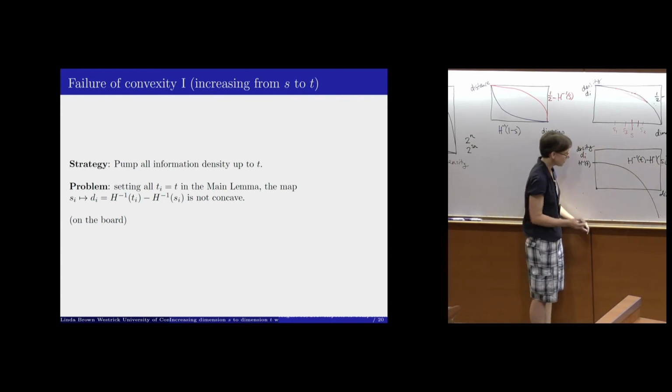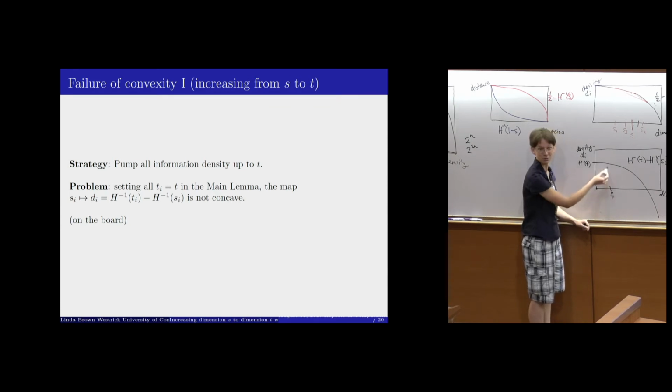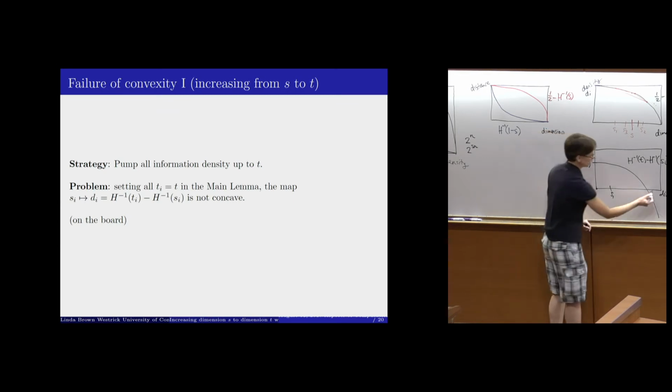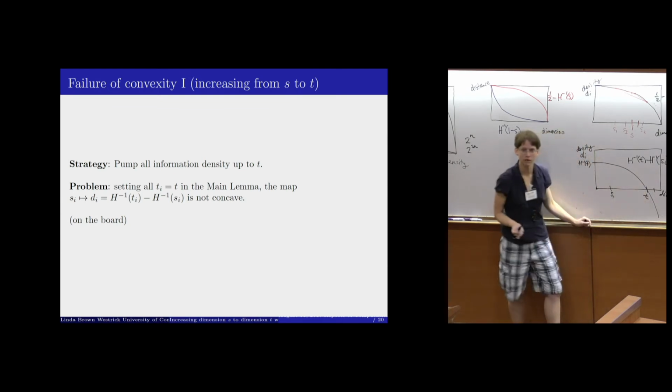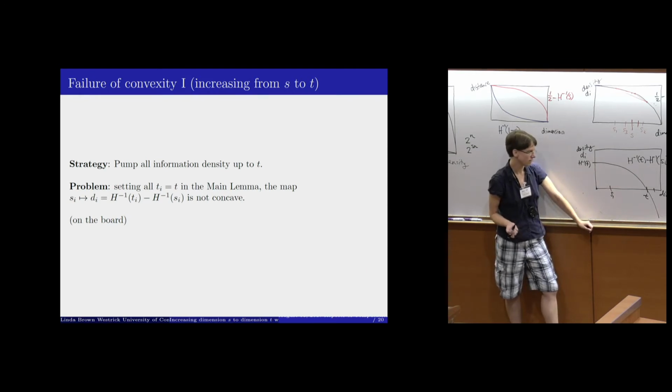Now, that works all well and good when the opponent starts giving you si over here. It's very clear what to do. But this strategy, just as printed right here, is incoherent in the case when the opponent tries to give you some chunk that actually already has dimension greater than t. Right? So t will be the point where it crosses 0 here. So in that case, this graph, although it is concave, is basically telling you, all right, use a negative distance between the sigma that was given and the tau that you're trying to find.